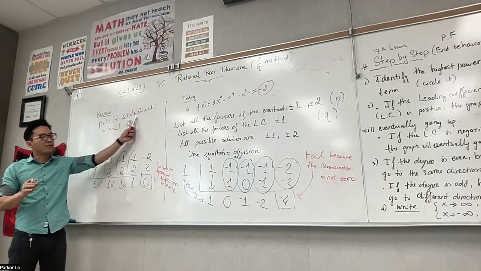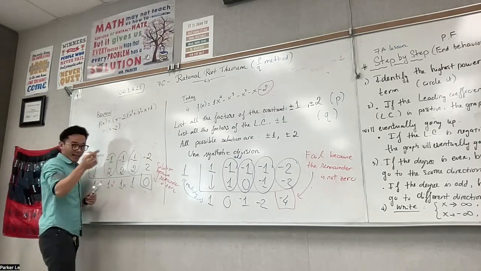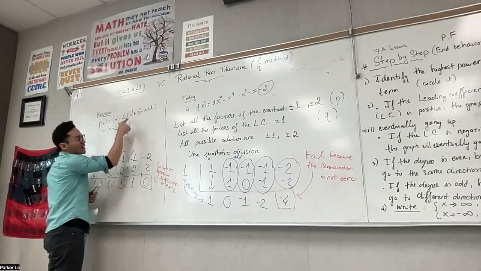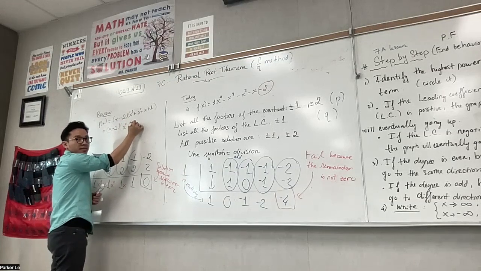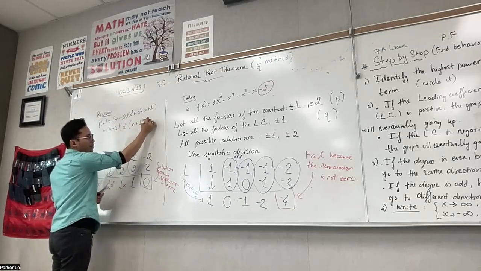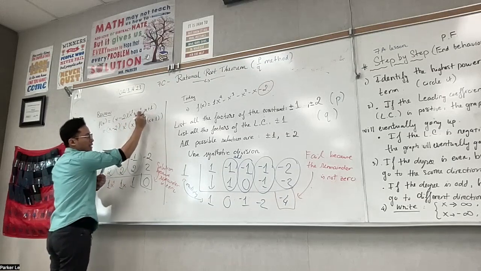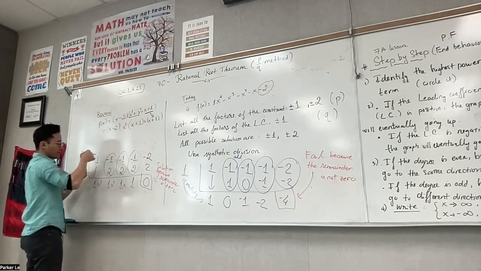What is the GCF for the first 2 terms? X squared. What do we have left when you take out the x squared? X plus 1. And then I have x plus 1 from the last 2 terms.